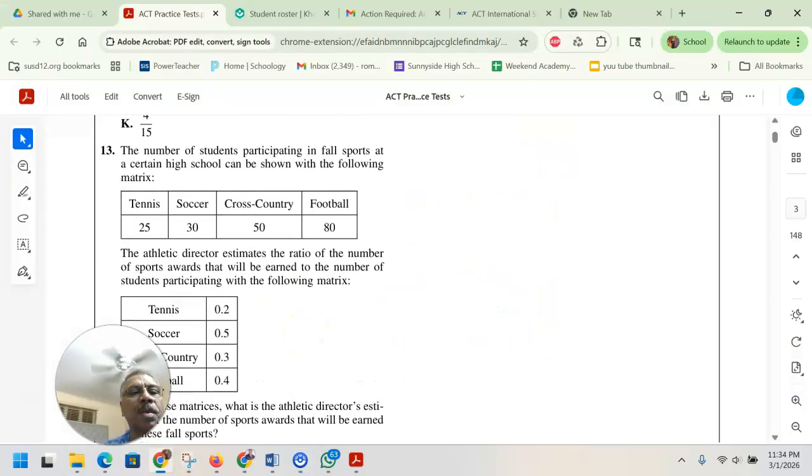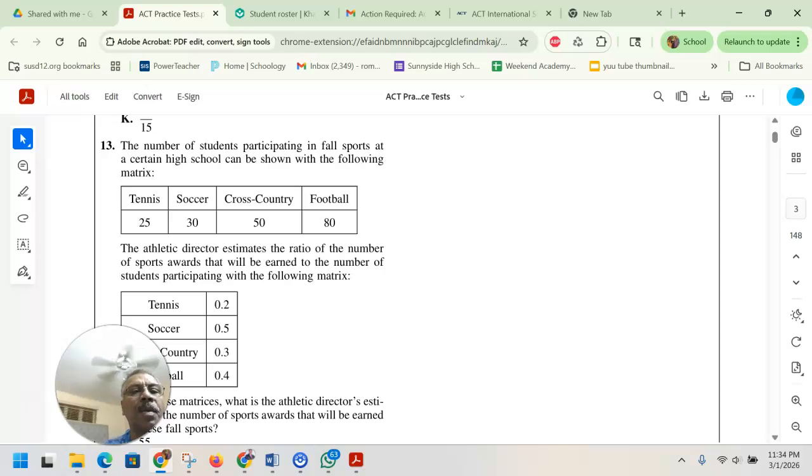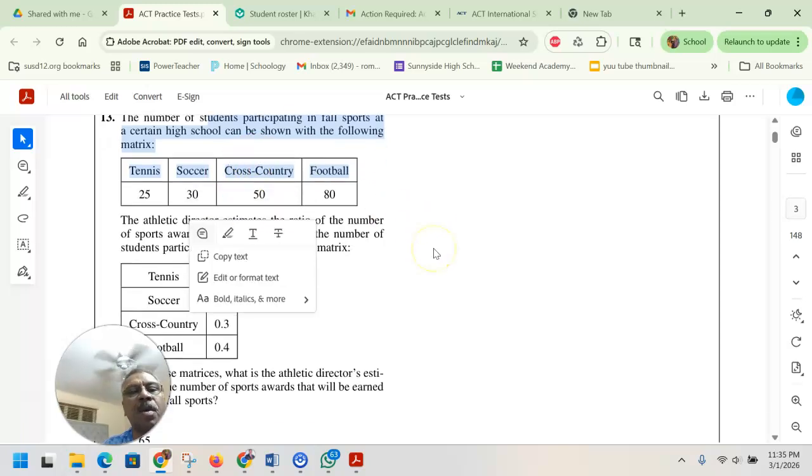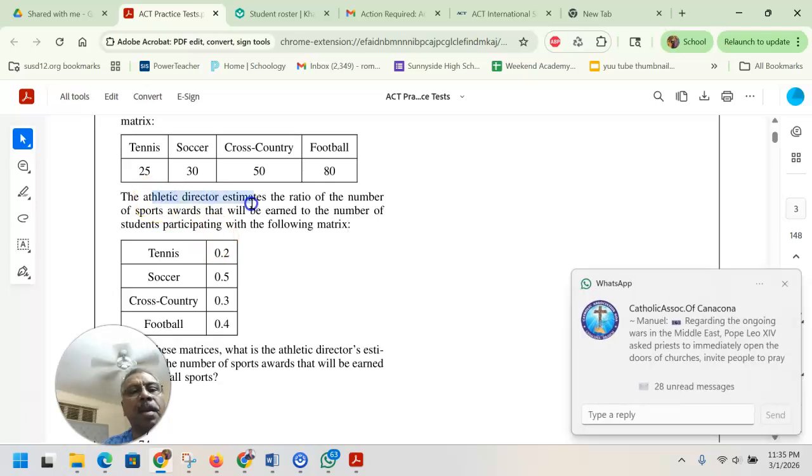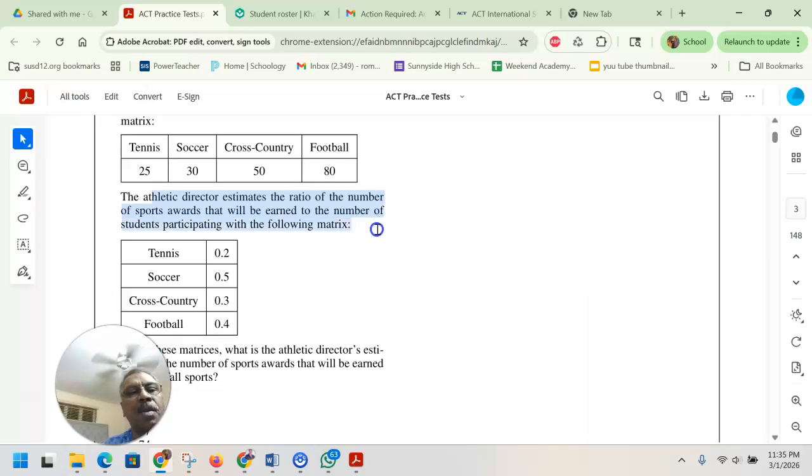So question number 13 says the number of participating students in the fall sports are given. You can see tennis, soccer, football, cross country are given. And the athletic director estimates the ratio of the number of sports awards that will be earned to the number of students participating in the fall.